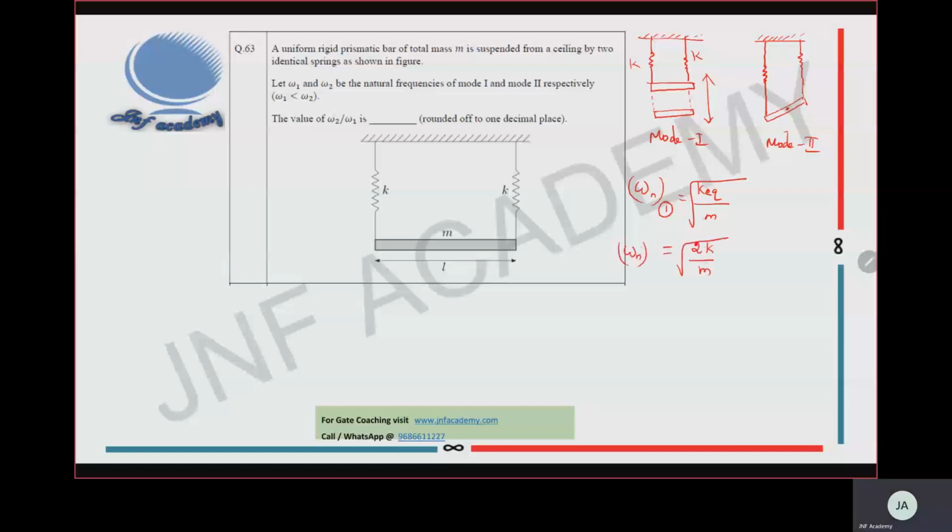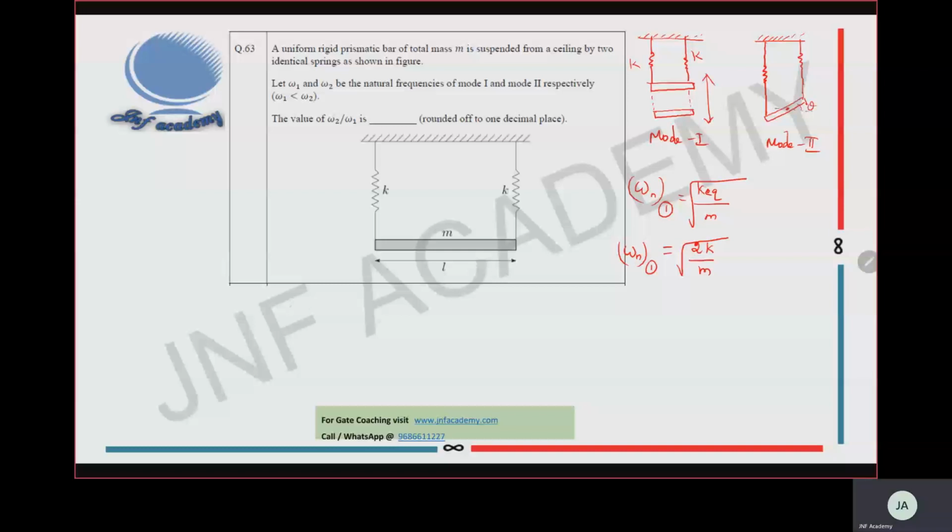This is our omega n1 value. Then we'll go for mode 2. For mode 2, this is our theta value.